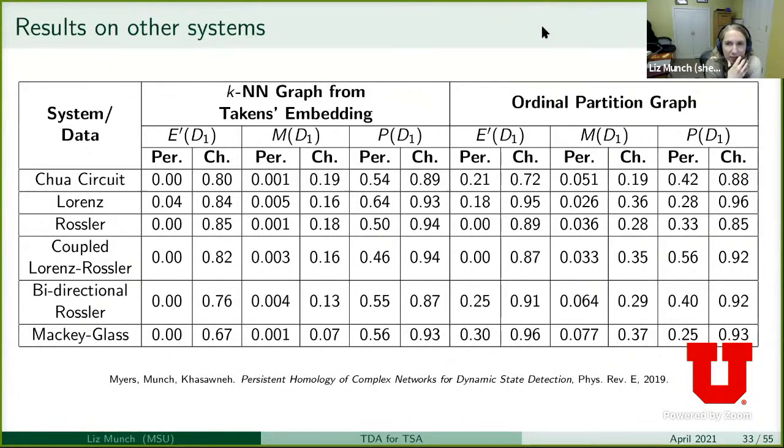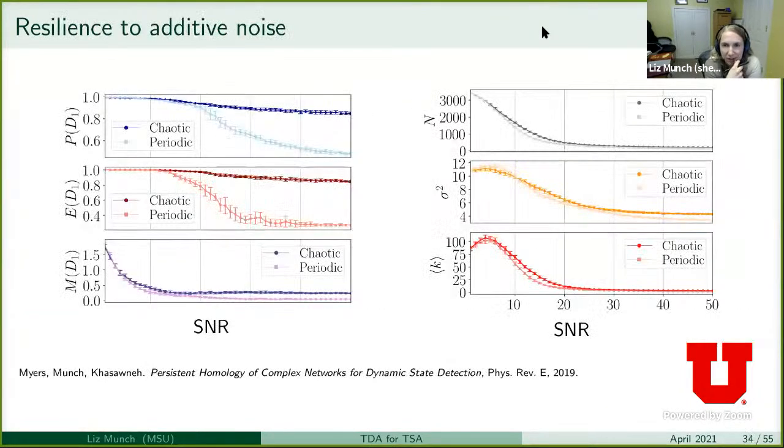So here's the other place that I think we excel in terms of using persistence and TDA more than just straight up standard network analysis techniques. If you start doing signal to noise ratio results, which way does this go? Higher signal to noise means less noise.